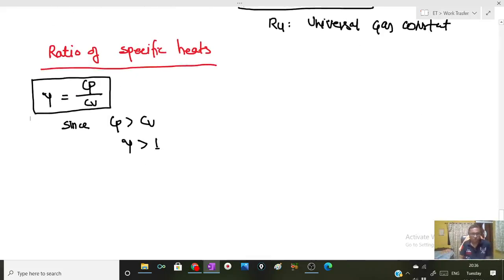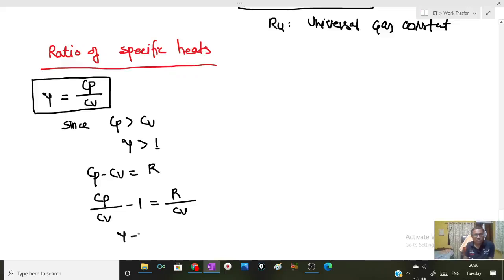So let us try to find out two more relationships for Cp and Cv. Now just now I have derived Cp minus Cv is equal to R, and I have the relationship gamma is equal to Cp by Cv. So Cp by Cv minus 1 is equal to R by Cv. I can put the value of Cp by Cv as gamma, so gamma minus 1 is equal to R over Cv.